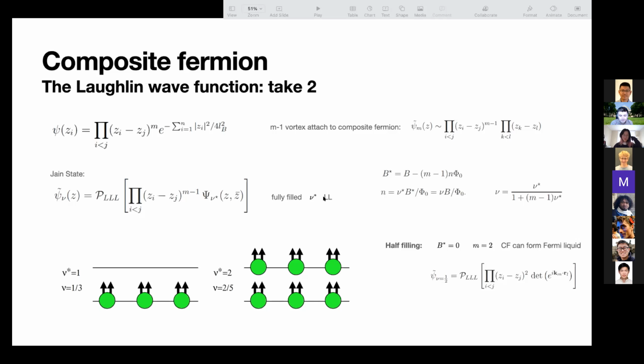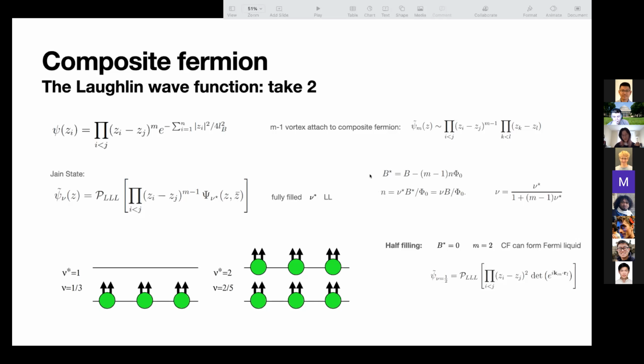First of all, the fermion inside this Landau level wave function should feel a different magnetic field, because we attach vortices to it to get back the original one.